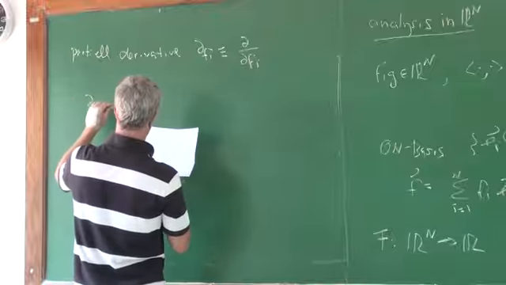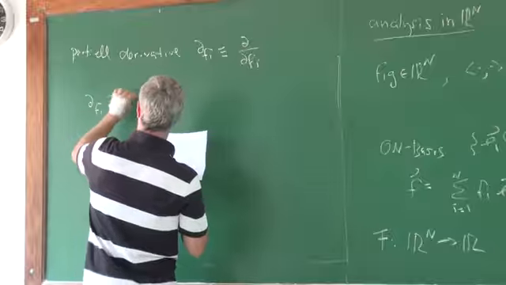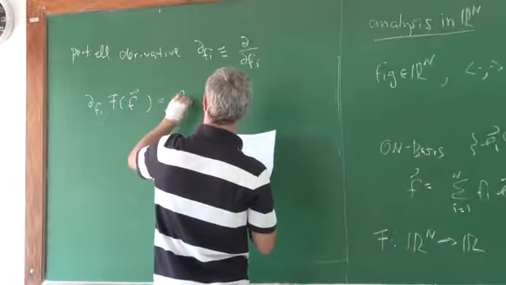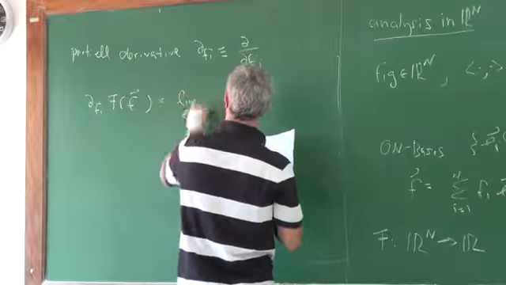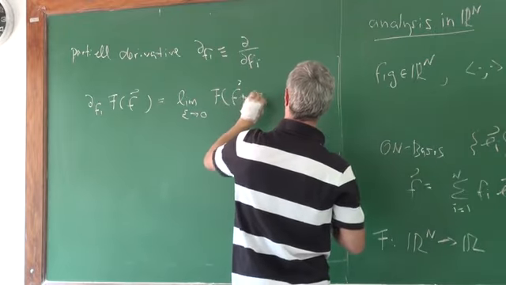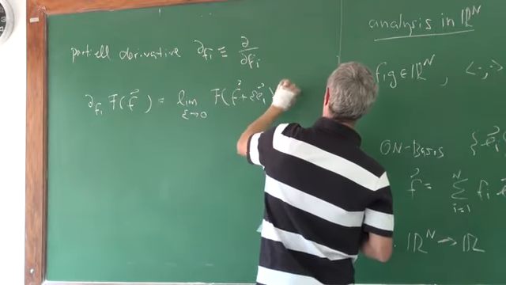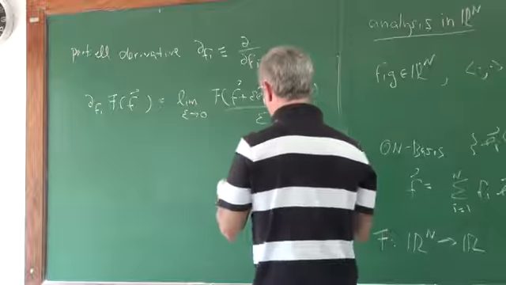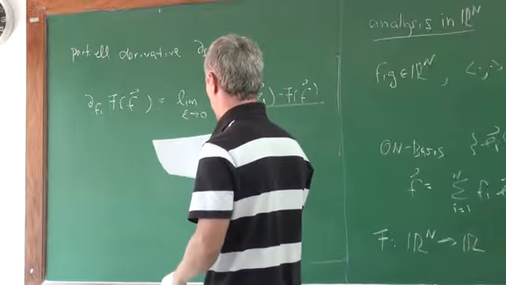You can understand this as the limit epsilon going to 0, where you take the function at f plus epsilon e_i and divide by epsilon. So this would be the definition of the partial derivative.